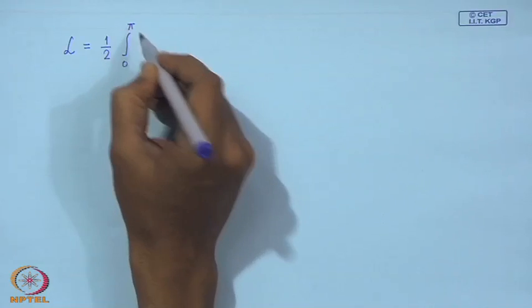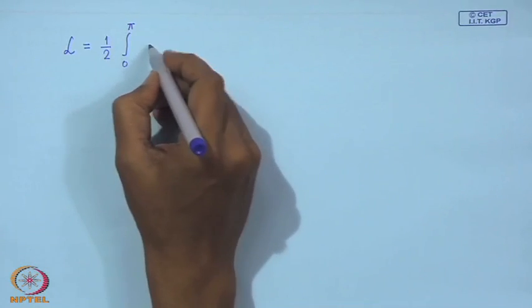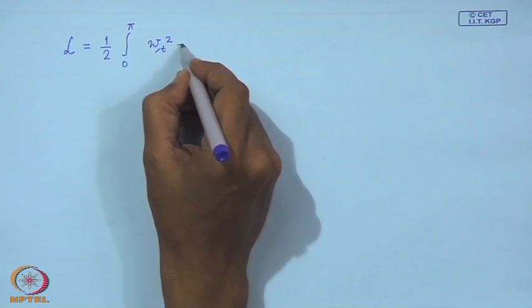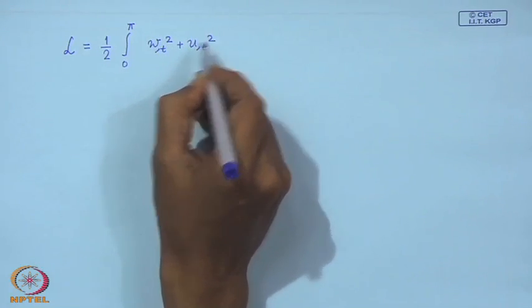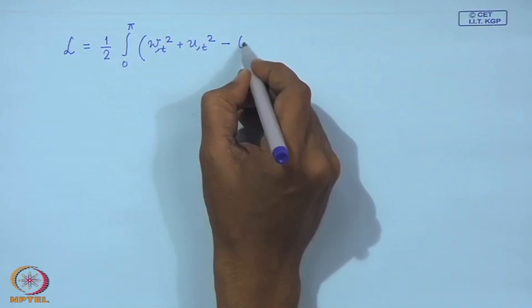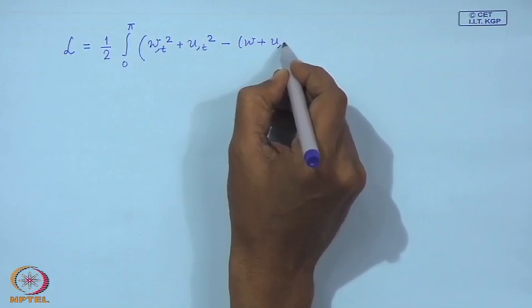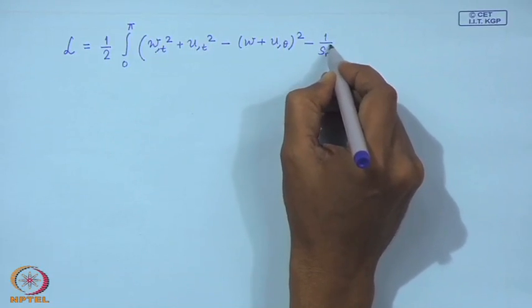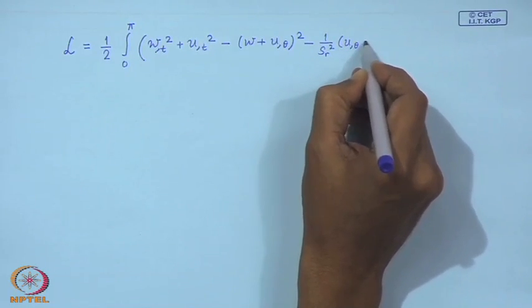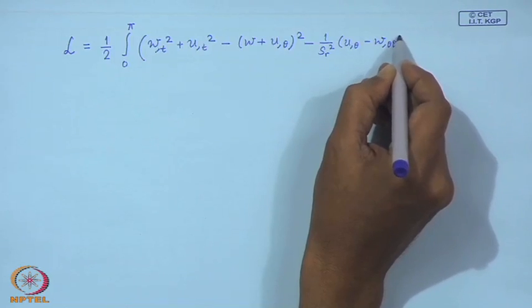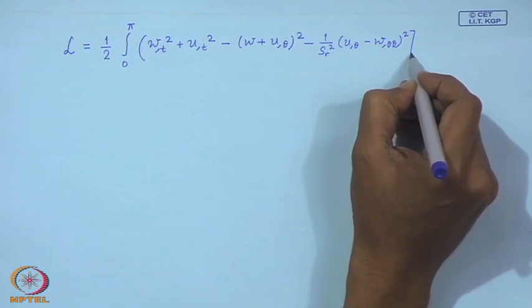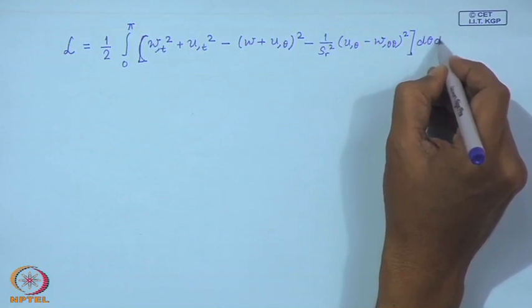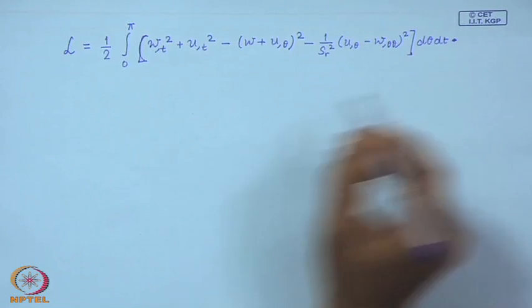So, we have a semicircular arch, so 0 to pi, so this is our Lagrangian.